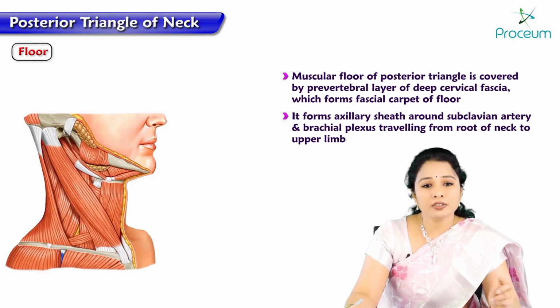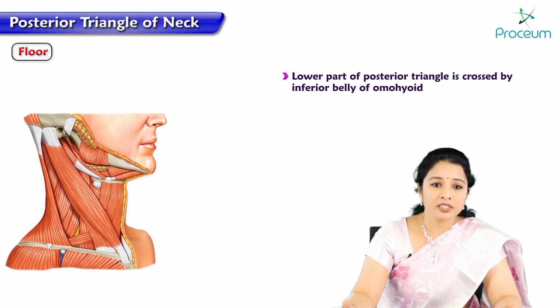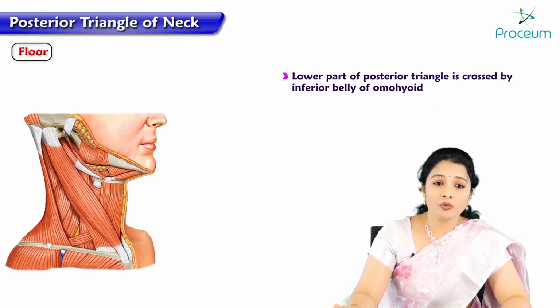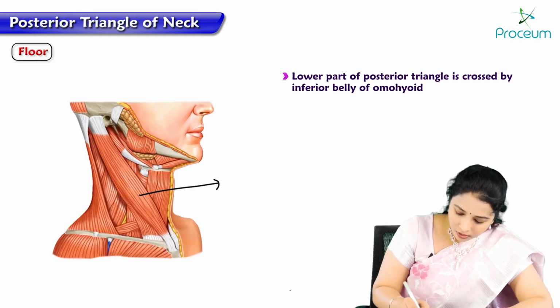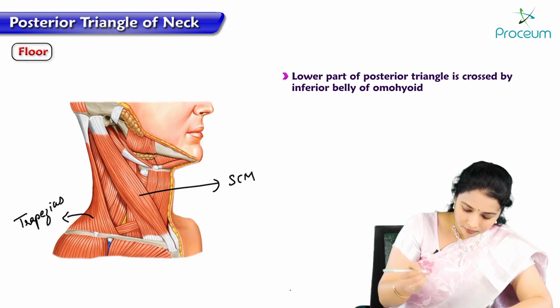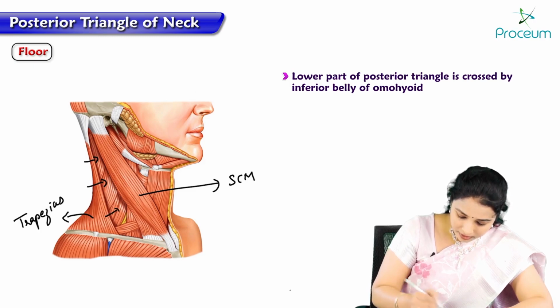The posterior triangle is further divided into two triangles, because the lower part of the posterior triangle is crossed by a muscle called the inferior belly of omohyoid. So here we can see the sternocleidomastoid, this side is the trapezius, and we can see the muscles forming the floor, that is splenius capitis, levator scapulae, scalenus medius muscle and others.